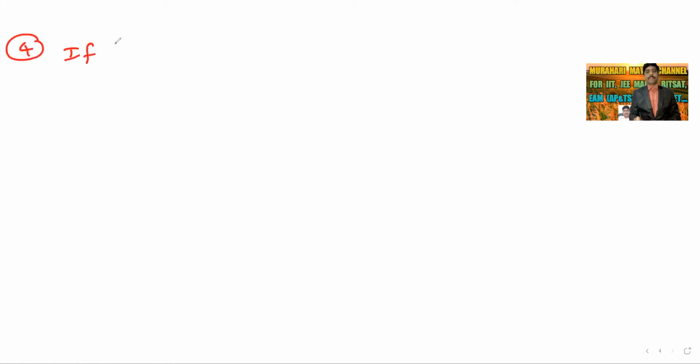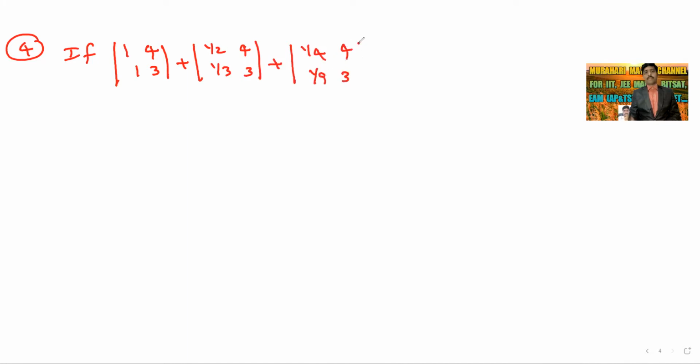If det of the matrix with rows 1, 4 and 1, 3 plus 1 by 2, 4, 1 by 3, 3, 1 by 4, 4, 1 by 9, 3, plus and so on to infinity.